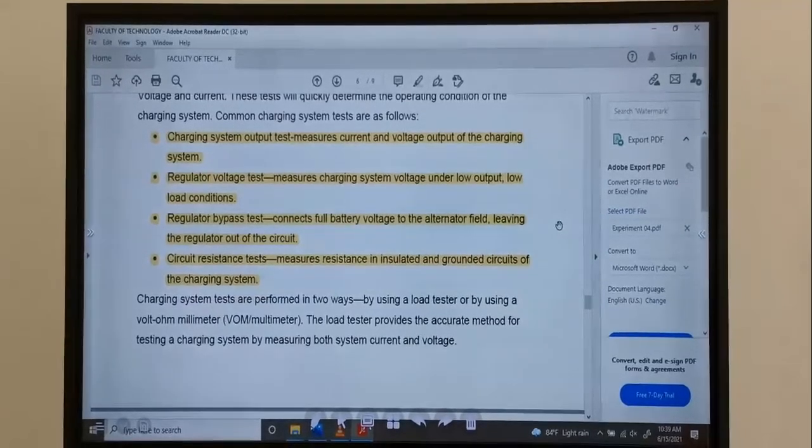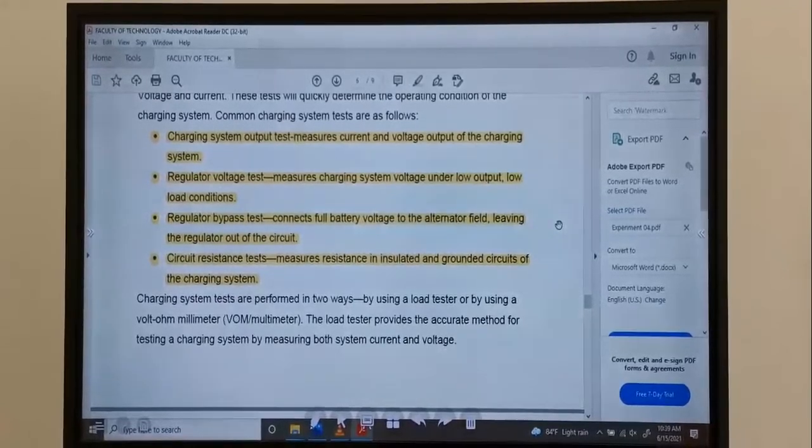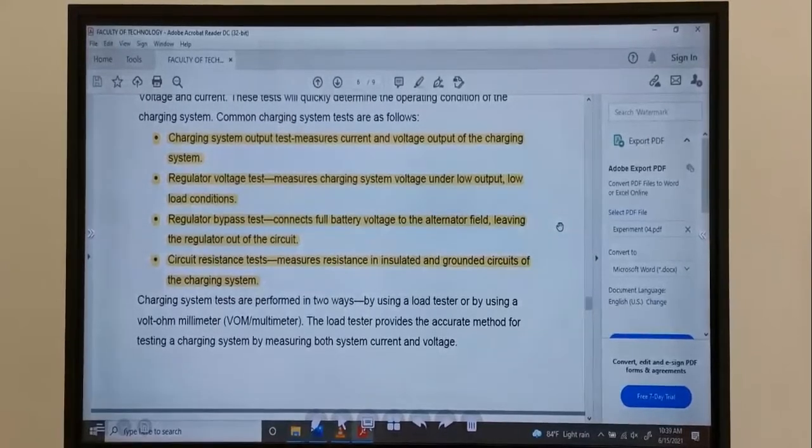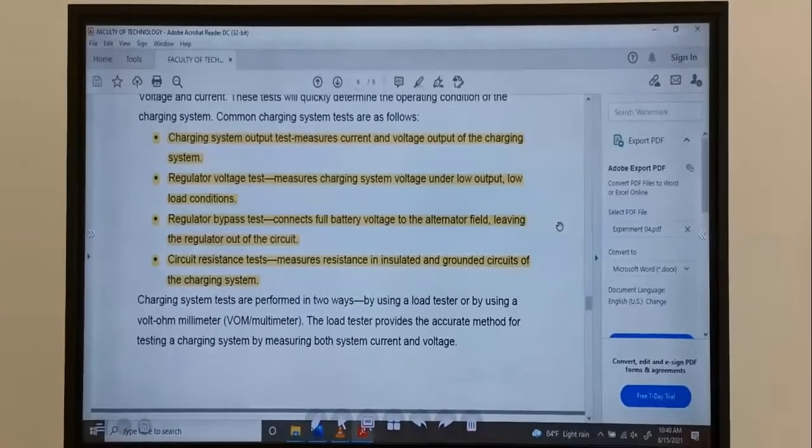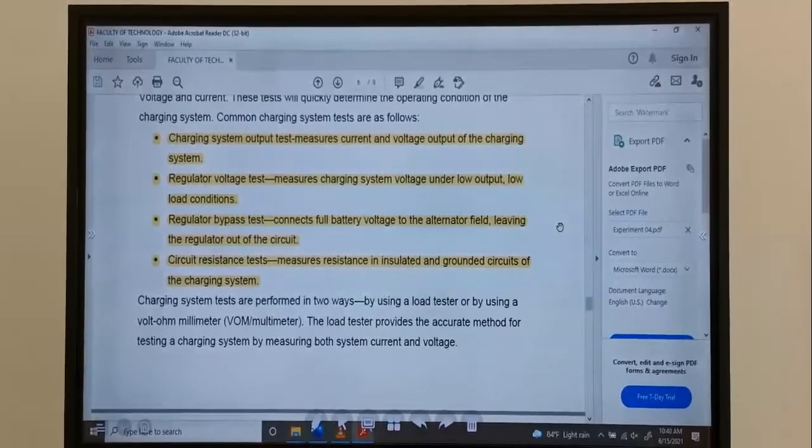If the regulator works properly, it controls the current flow of the rotor. According to that, the charging current gives the desired value. For the charging system voltage under low output, in the low load condition, we have to check the system voltage.